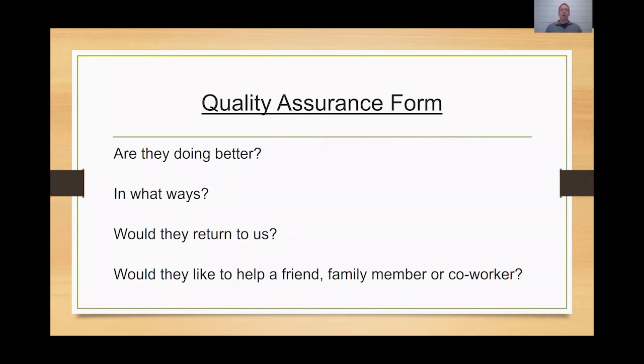But if they are better, if they have an improvement in pain, what you want to do is help them acknowledge the real-life things that have improved because of being seen by you. So in what ways are they doing better? If they say, I'm 40% better, you say, how so? Tell me more. Well, I'm able to negotiate stairs better.